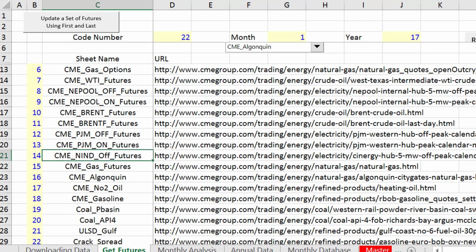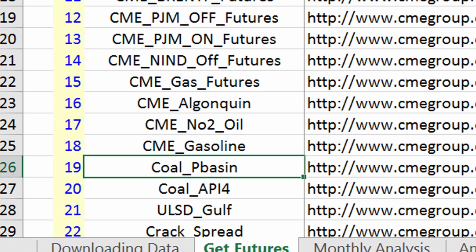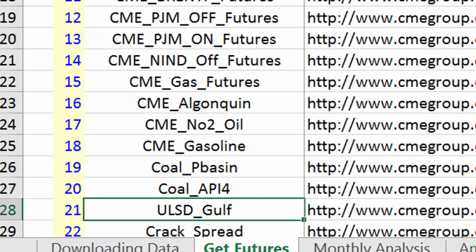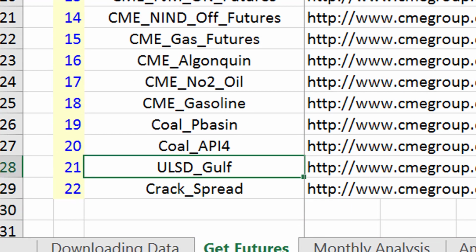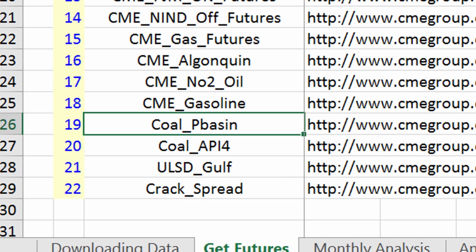That's electricity again. Gas, natural gas, the basis for natural gas. Number 2 oil, that's the one we're really focusing on. Gasoline, coal, Gulf diesel oil, and the crack spread. Those are the kind of things you do.